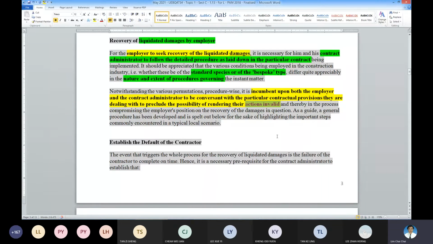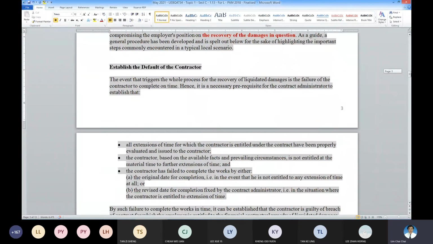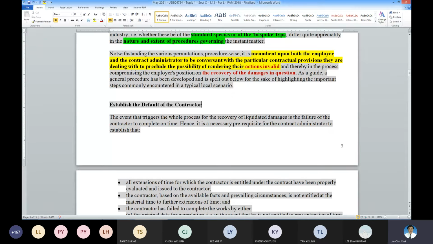Once invalid, then recovery of the damages could be in question. It means sometimes your rights are extinguished, or sometimes temporarily extinguished. So you need to follow. If not, you will be in trouble. I will go into detail later on this item here.